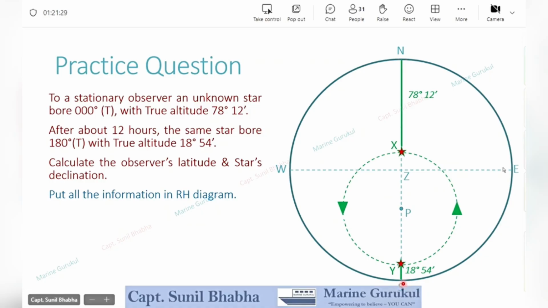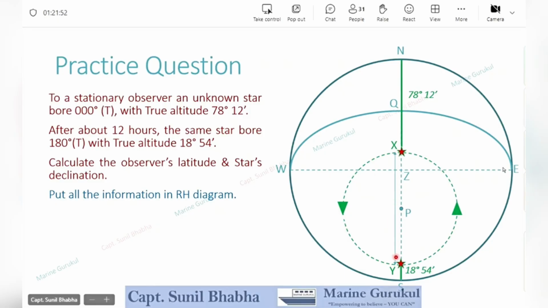The diameter of this diagram, the rational horizon diagram, is 180. If N to S is 180, we know NX is 78°12' and we know SY is 18°54', then in that case we can easily find out this particular distance, that is from X to Y.